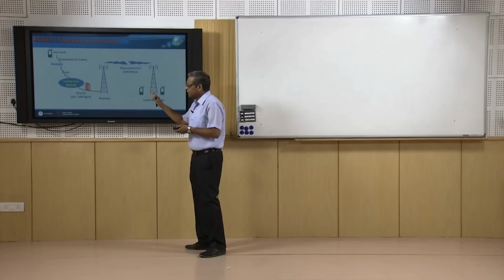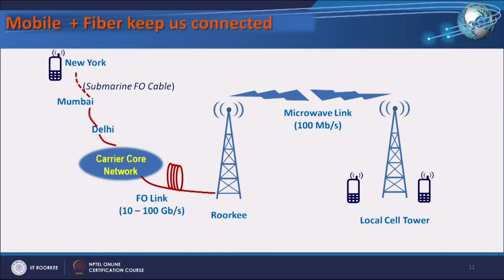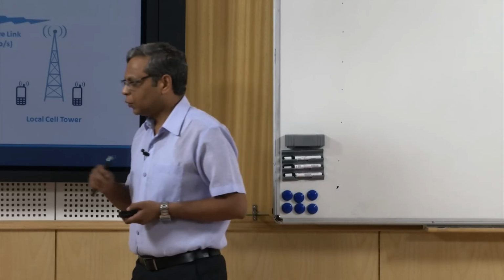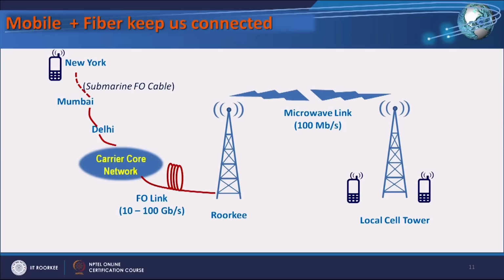what we see basically is this domain. We use our mobile phones which communicate to this local cell tower. You might have seen these kinds of cell towers in your localities. Now if I want to send a message to a mobile which is in New York, how does this data go?